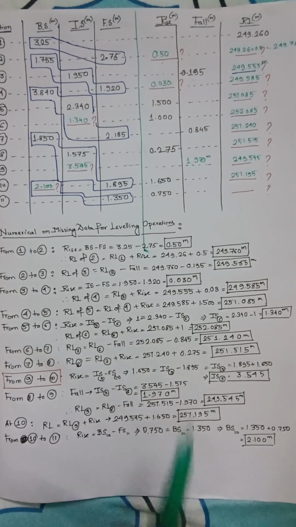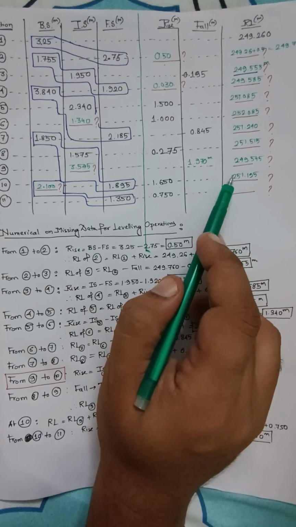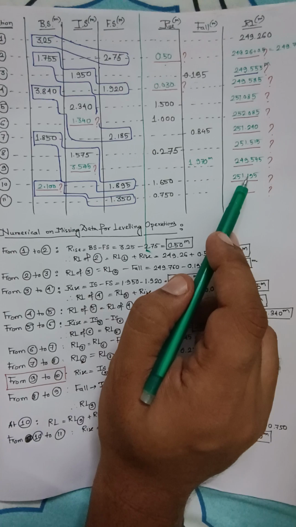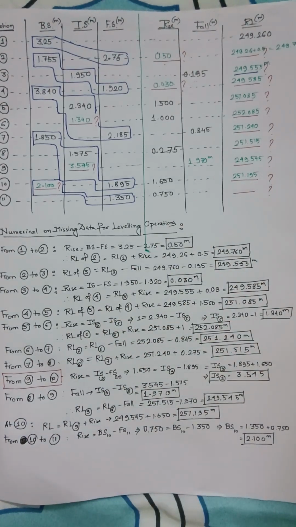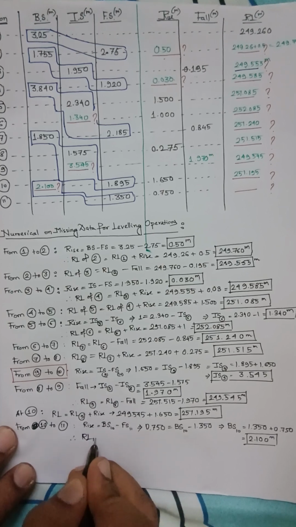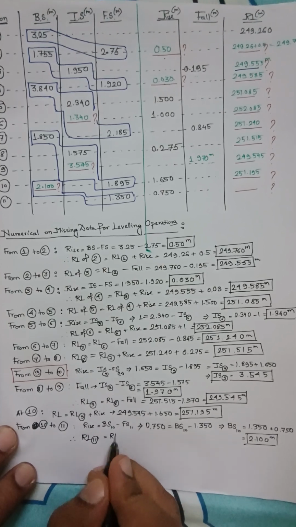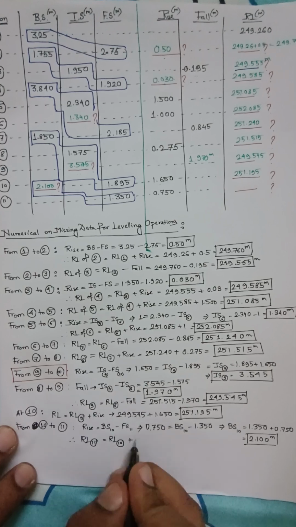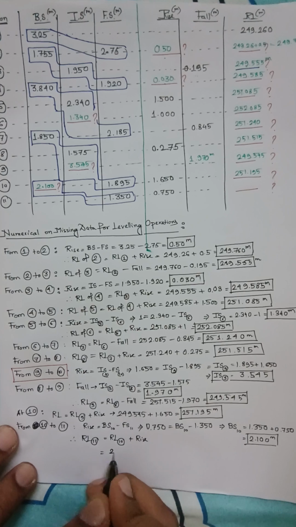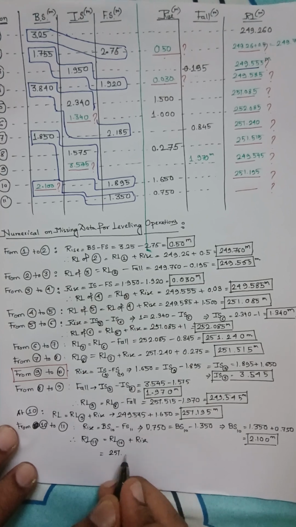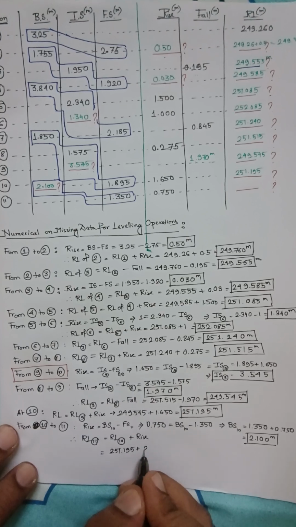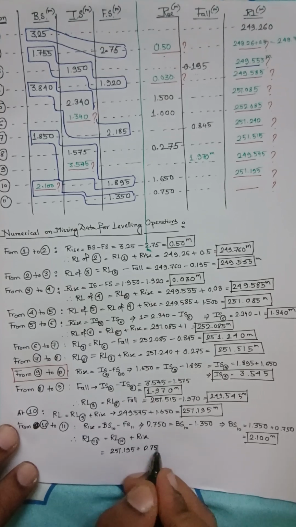And finally, we have this. Again, the same old thing. Previous RL plus or minus the rise and fall. So in this case, it is rise. So this plus this will be equal to this. RL at 11 will be RL at 10 plus rise is equal to 251.195 plus 0.750.